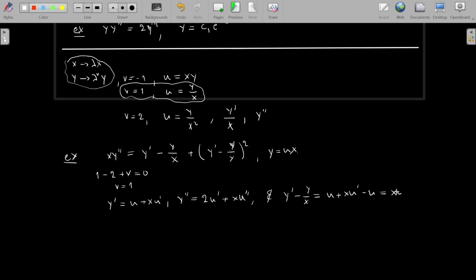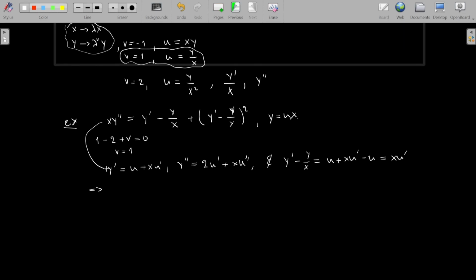This is just x u prime. And now everything is going to be written. Plus x squared u prime prime is equal to x u prime plus x squared u squared u prime prime plus x u prime is equal to x u prime squared.